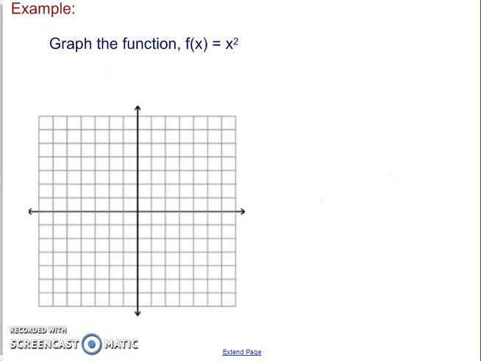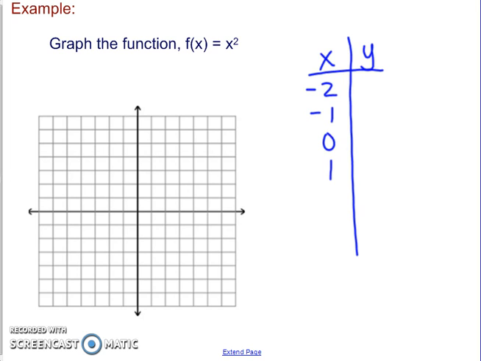So here we want to graph this function. It's just the basic quadratic function, f of x equals x squared. First let's make an xy chart. I'm going to plug in numbers for x. I'm going to pick -2, -1, 0, 1, and 2.